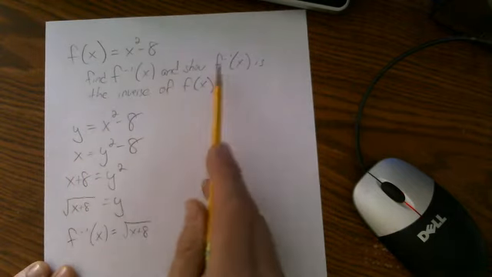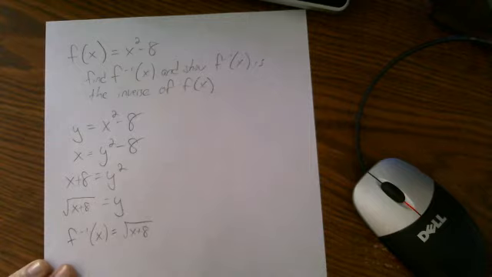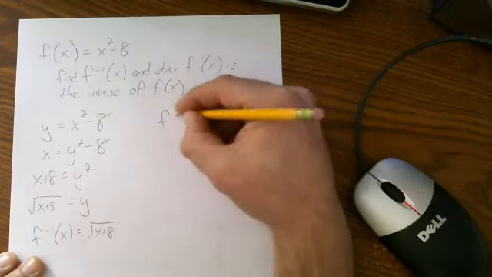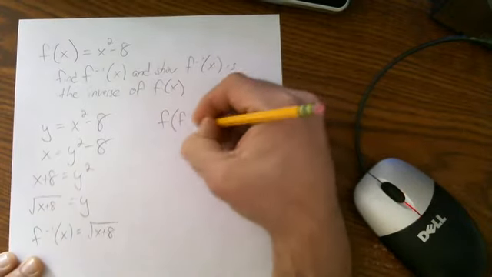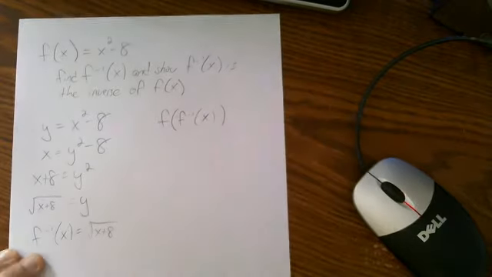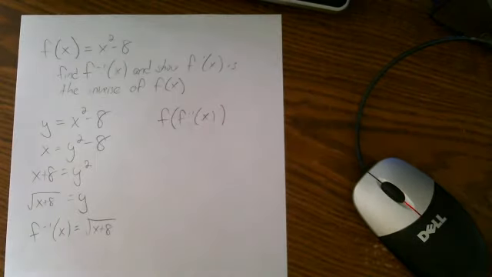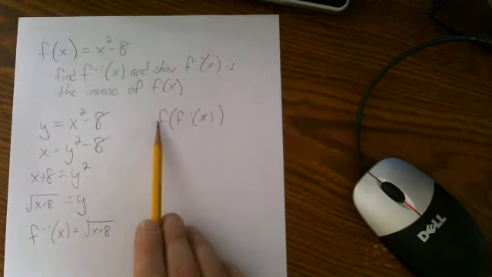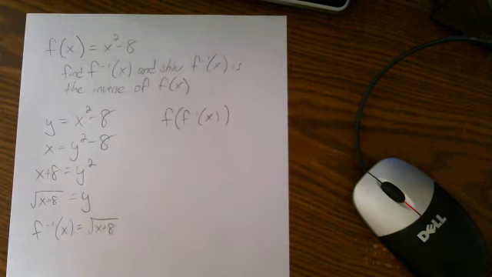Now let's show that these are inverses of each other. So we're going to have to find f of f inverse of x. We're also going to have to find f inverse of f of x. To show that they're inverses, you have to compose in both directions and get x in both directions.